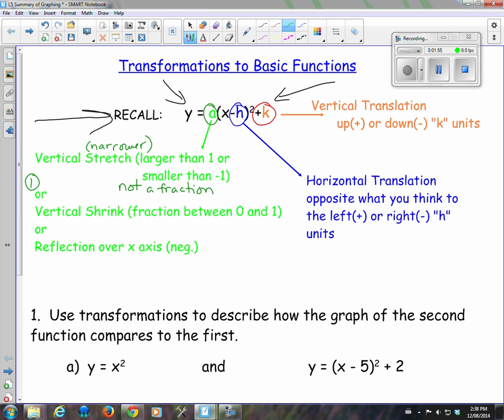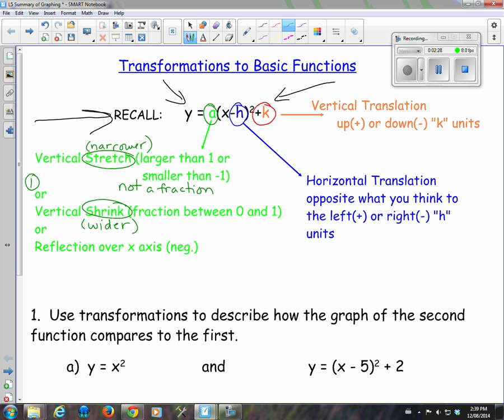If you have a fraction in front of the x squared, we say that it's a vertical shrink. That means that it gets wider. So if there's a fraction in front of the x squared, the graph will get wider, also known as a vertical shrink. If there is a number that's not a fraction in front of the x squared, the parabola will get narrower. We call that a vertical stretch.